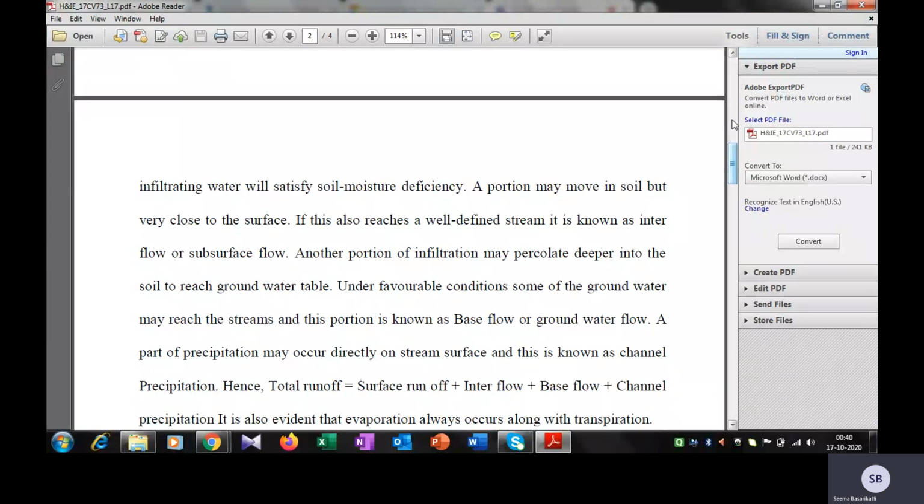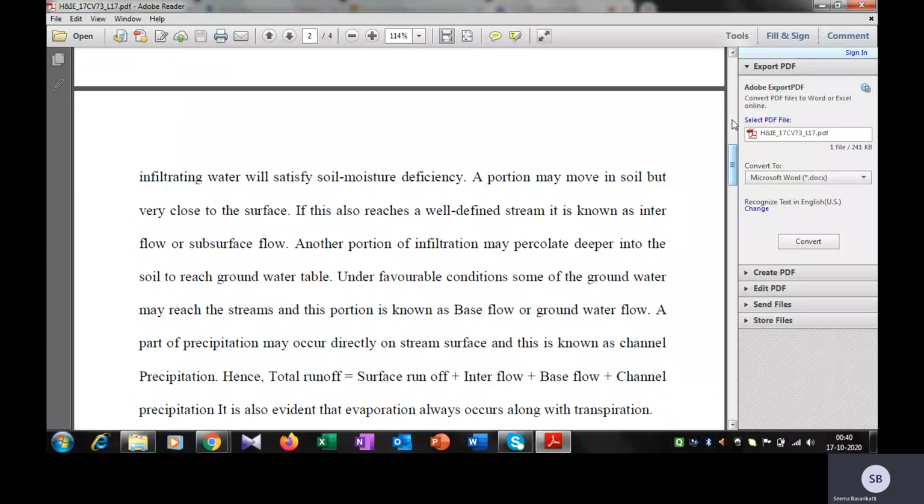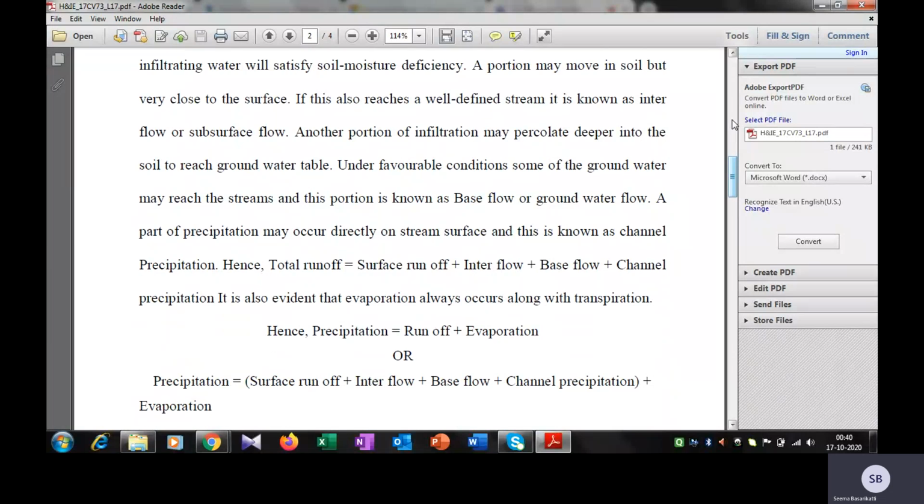A part of precipitation may occur directly on stream surface and this is known as channel precipitation. Hence, total runoff is equal to surface runoff plus interflow plus base flow plus channel precipitation.